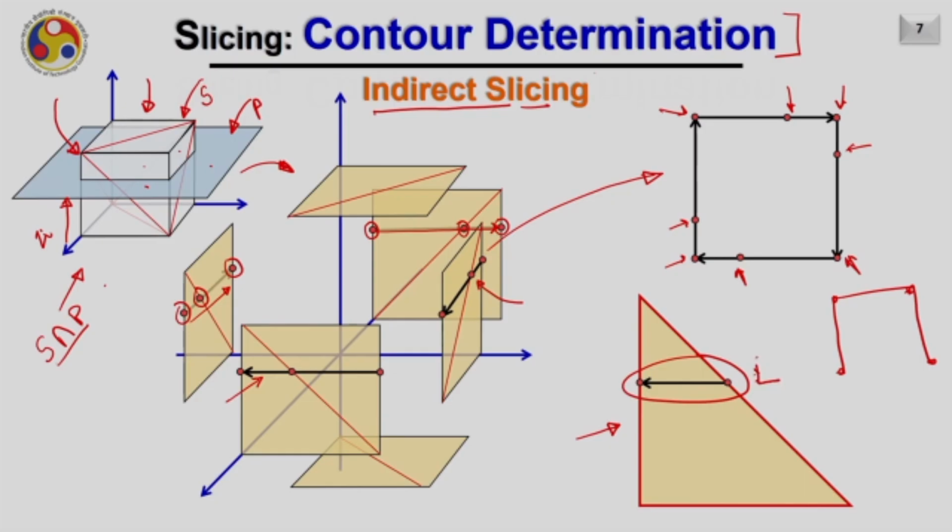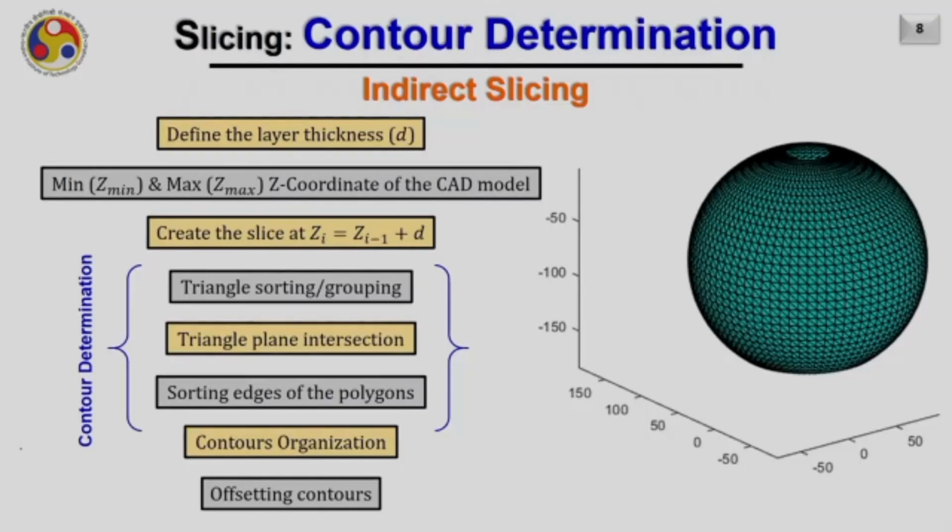So, these are the lines and this is the triangle. If we understand the intersection between the line and triangle, then we can easily find the intersecting contours. So, this is the generalized methodology for slicing.